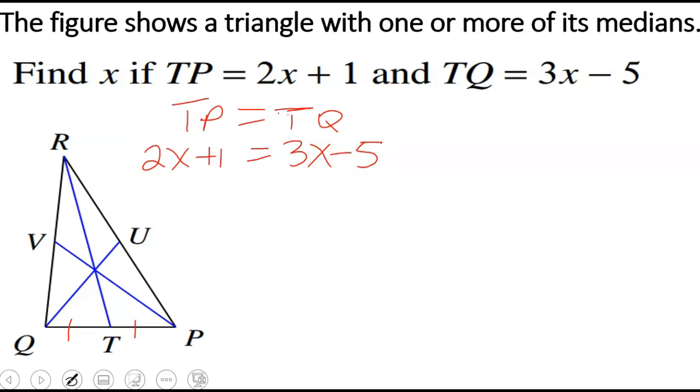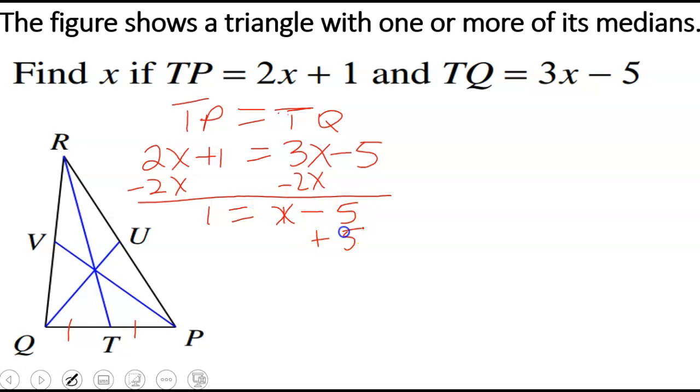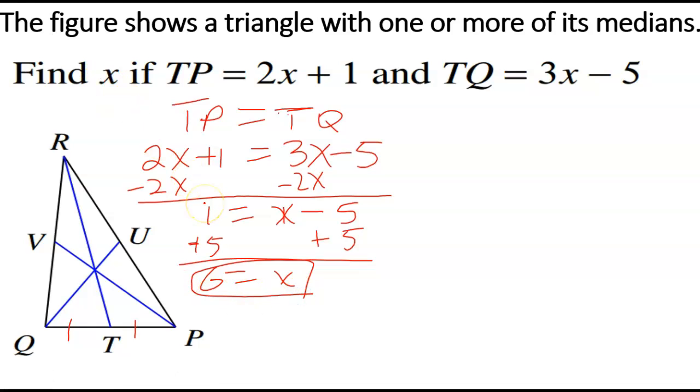Collecting like terms, subtract 2x from both sides. So 1 equals 1x minus 5. Add 5 to both sides. x equals 6. We're asked to find x, so that will be our answer.